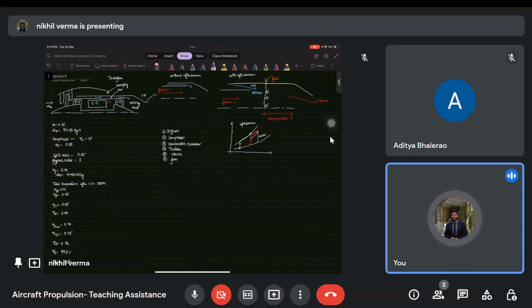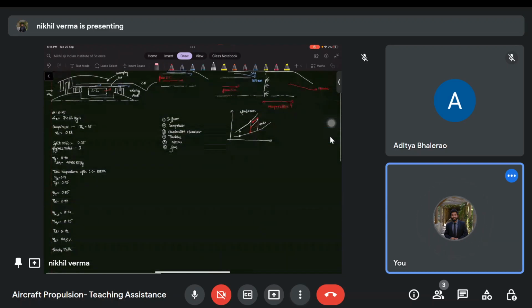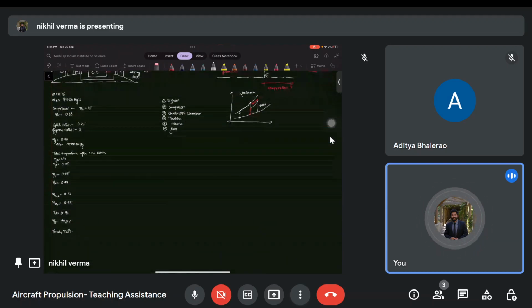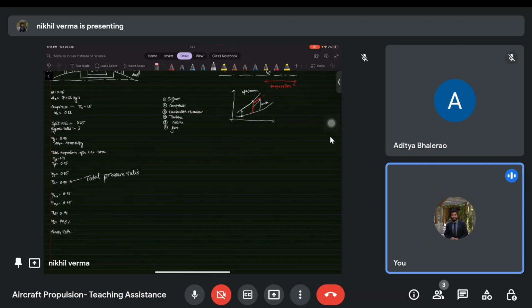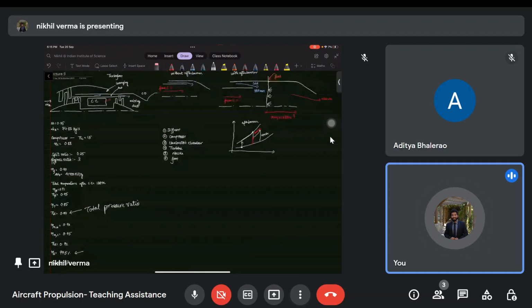Then efficiency of the turbine, efficiency of the diffuser is given, and for hot stream and cold stream, the efficiency of the nozzle is given. The diffuser pressure ratio is given. Whenever we say this, this is total pressure ratio. And also the efficiency of the shaft is given. So now what we have to do is find the thrust and TSFC.